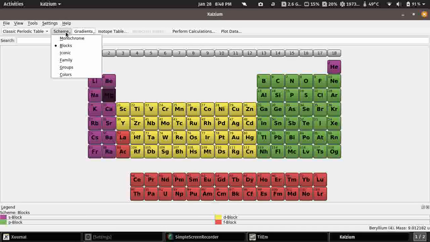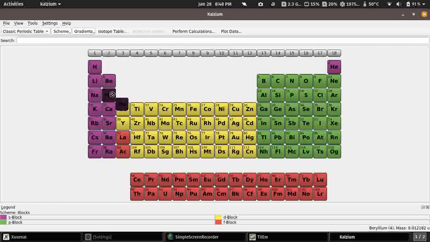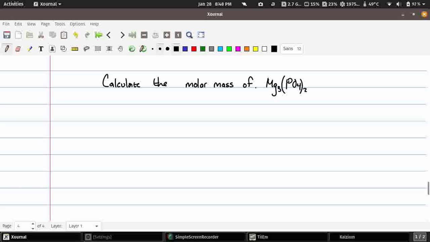Alright, so let me just double check. I want to say magnesium is like 24 point something. I'll just put 25 to make it easy. So I'm going to guesstimate that this is about 25.